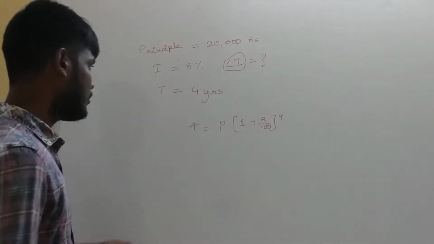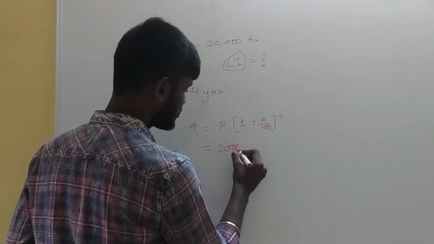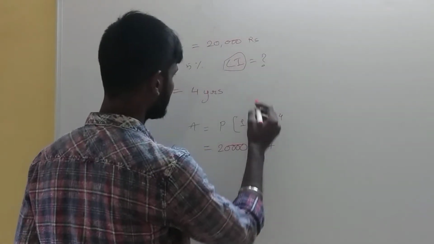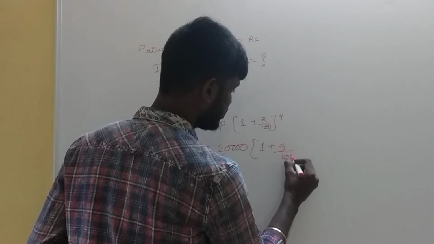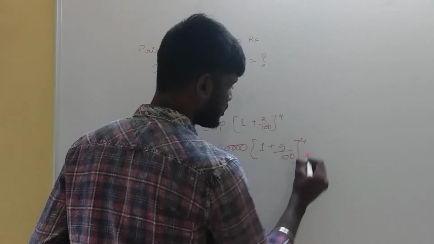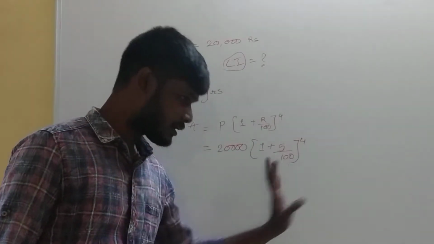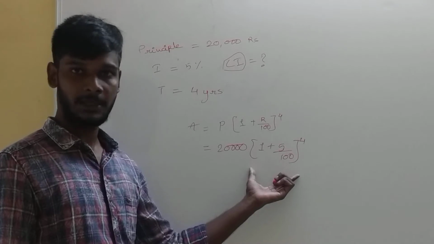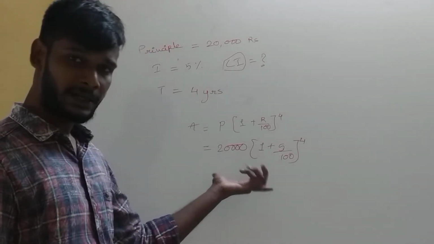Now if I start calculating, the interest rate is nothing but 5 upon 100, raised to the power 4. Just for clear interpretation, I can tell that this is going to be a tiresome process, because it will be quite tedious.